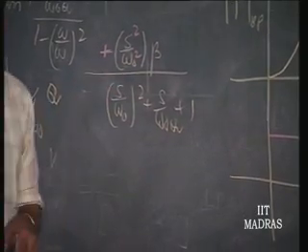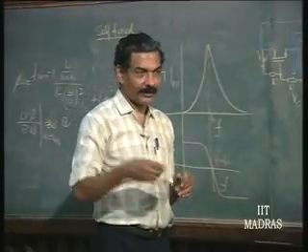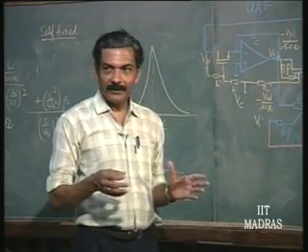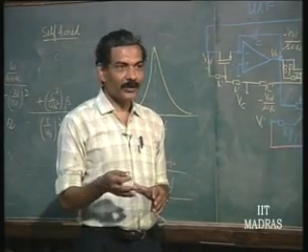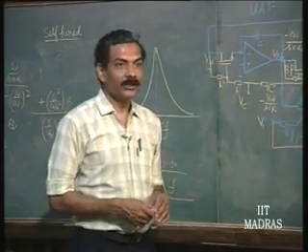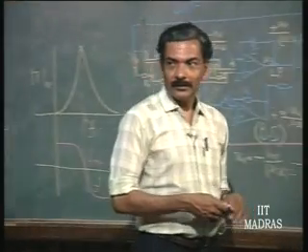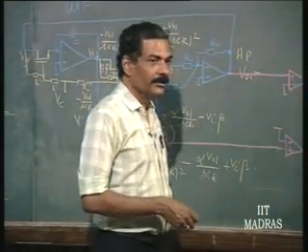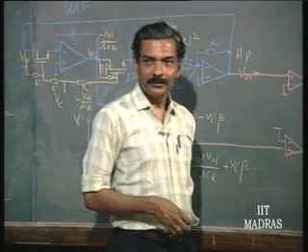When there is a phase shift of 90 degrees, what will be the output? This you have already noted earlier, we have worked it out for this. When the phase shift is 90 degrees, the output is going to be 0.